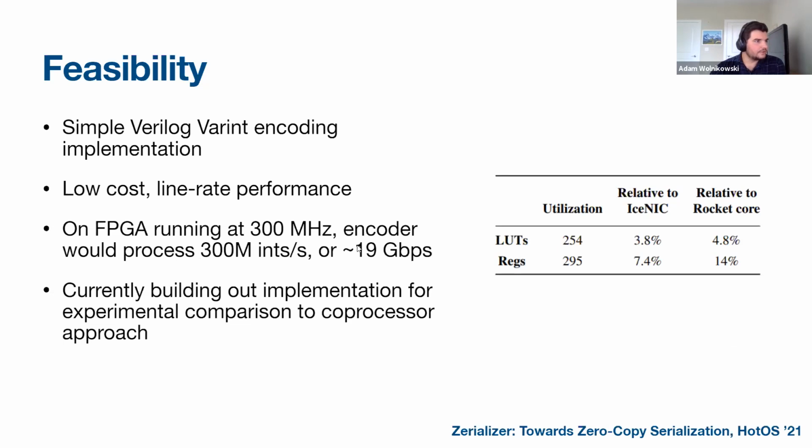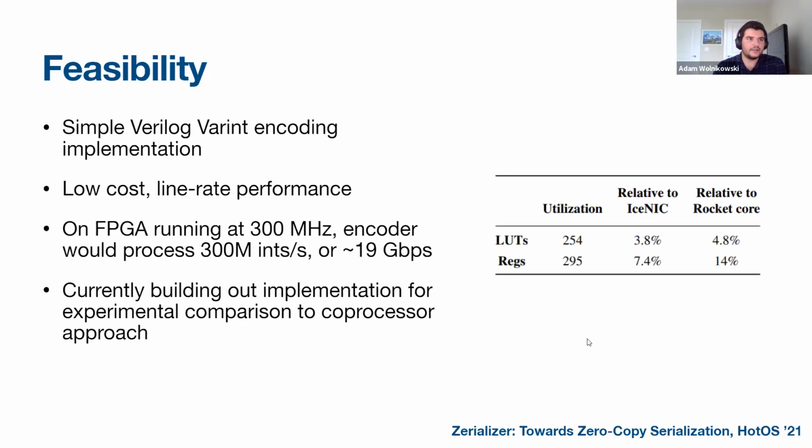This is the throughput that we observed on FPGA running this module, and now we're building out a lot more implementation to truly evaluate this approach versus a coprocessor approach.